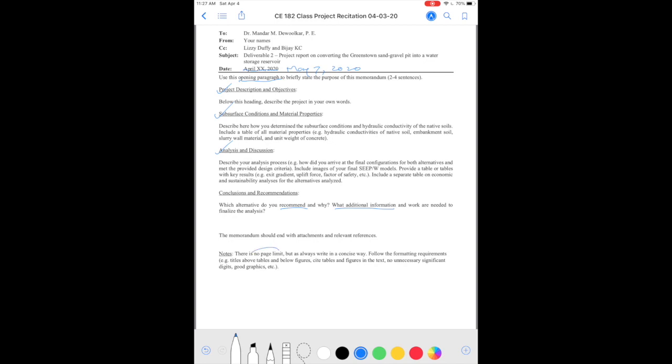There is no page limit, but of course, be concise as usual, and the usual formatting requirements apply, where the titles need to go above the tables, and for figures, the titles are below them. Cite all the tables and figures in the text, no unnecessary significant digits, good quality graphics, good looking tables, and all those things are still expected.